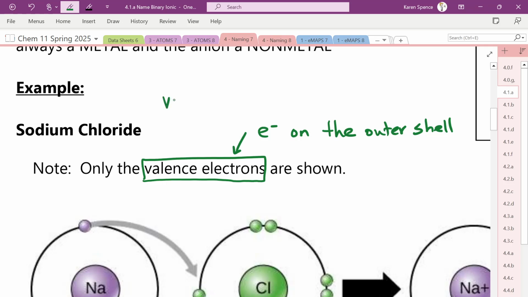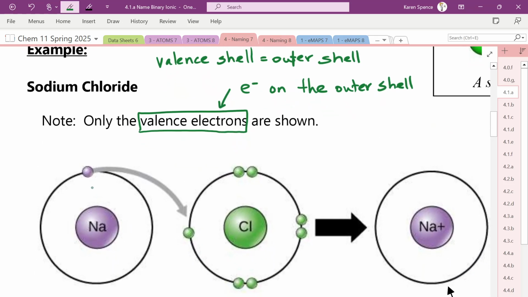And we should also write down that the valence shell is the outer shell. That's just a little help for Unit 3 because you'll need that for the stuff you do over the break. So we're showing only the outer shell.